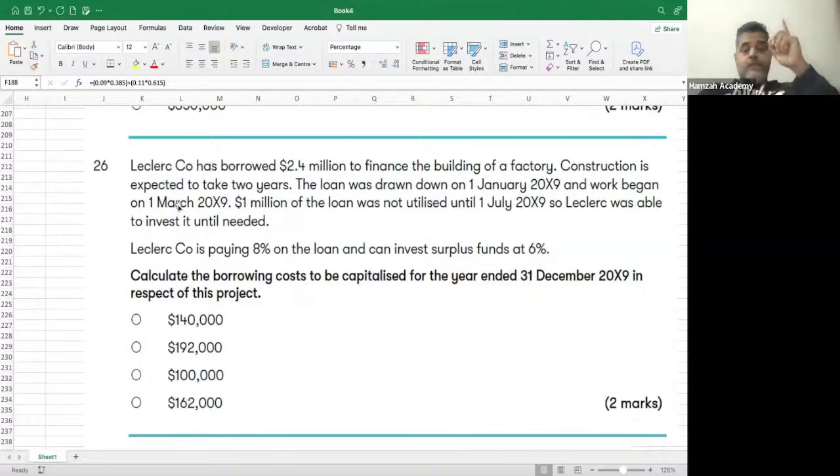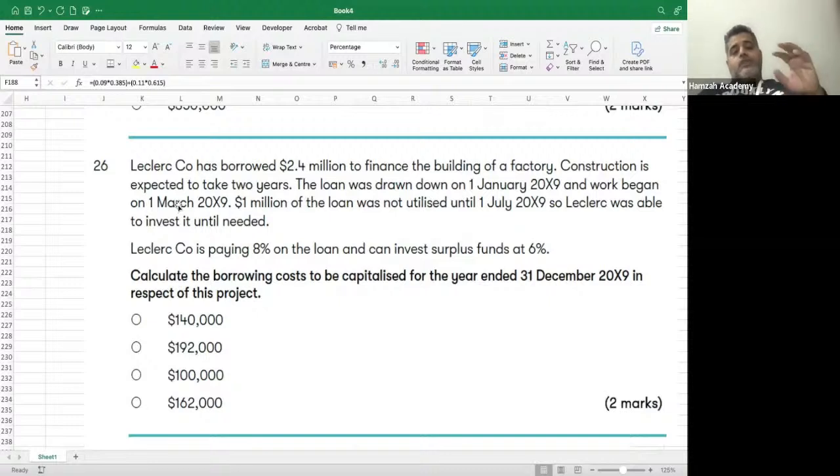Now, very interesting point. 1 million of the loan was not utilized until 1st July. So the company was able to invest it until needed. You got the loan, you had it with you, but 1 million was not used, so you reinvested it.